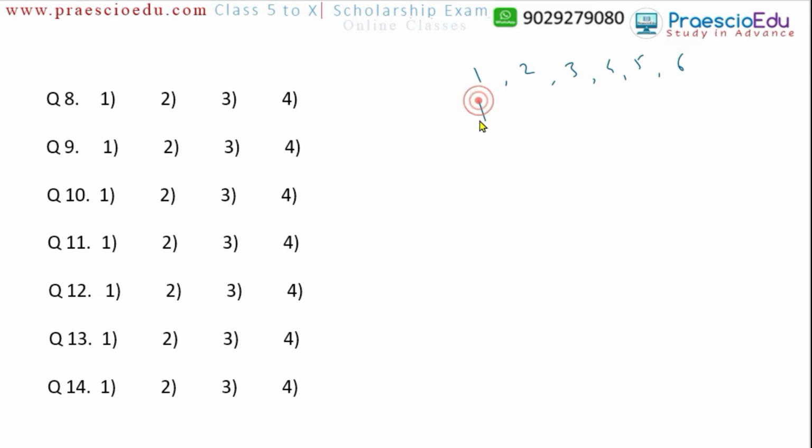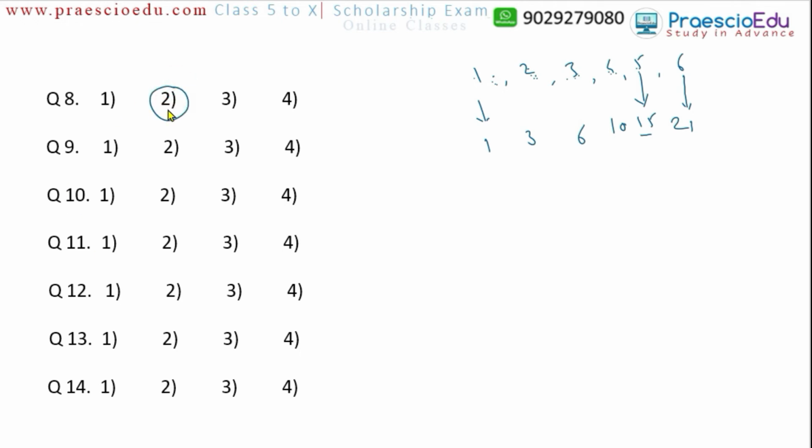So 1 is 1, 1 plus 2 is 3, then 1 plus 2 plus 3 is 6, then 1 plus 2 plus 3 plus 4 is 10, 1 plus 2 plus 3 plus 4 plus 5 is 15, then 1 plus 2 plus 3 plus 4 plus 5 plus 6 is 21. So the 6th triangular number is 21, and the 5th triangular number is 15. These are the triangular number series. The number 18 does not come in it, so 18 is not a triangular number. That's why option number 2 is the different term.